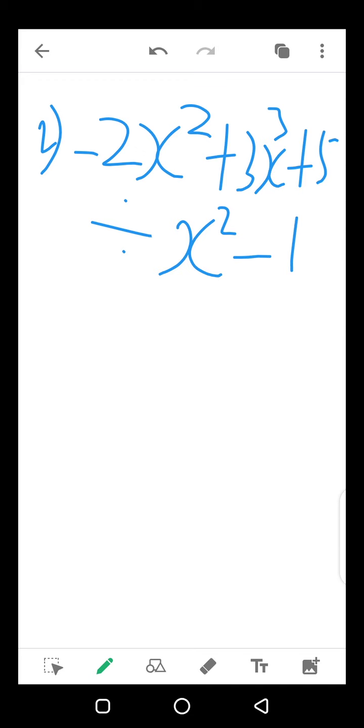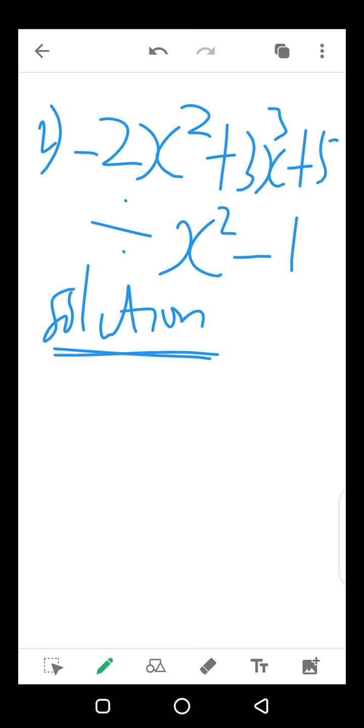Now if we want to divide this one, now look at what we are going to do. First of all, solution. Looking at this one, we have to rearrange it in the descending order of their degree. So the power 3 must come first, followed by the power 2, and then the 5.